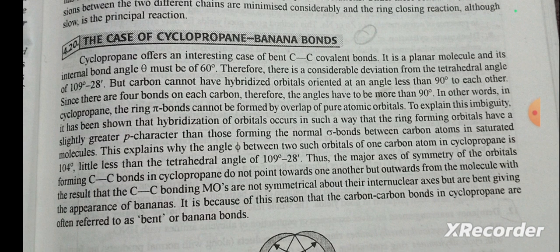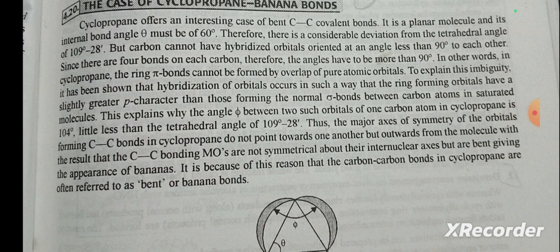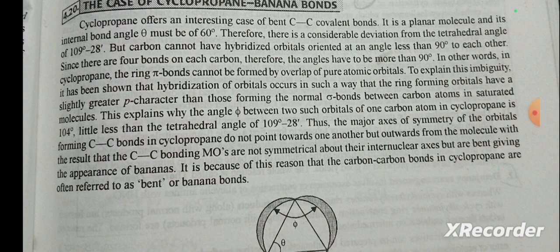In cyclopropane, the ring sigma bond cannot be formed by overlap of pure atomic orbitals. To explain this, it has been shown that the hybridization of the orbitals occurs in such a way that the ring forming orbitals have a slightly greater p character than those forming the normal sigma bond between carbon atoms in saturated molecules. This explains why the angle between the two orbitals of one carbon atom in cyclopropane is 104 degrees, a little less than the tetrahedral angle of 109 degrees.